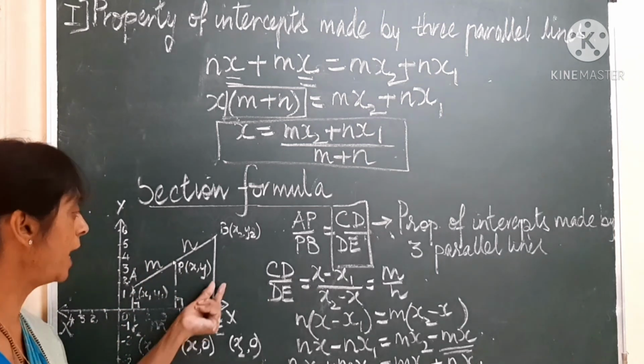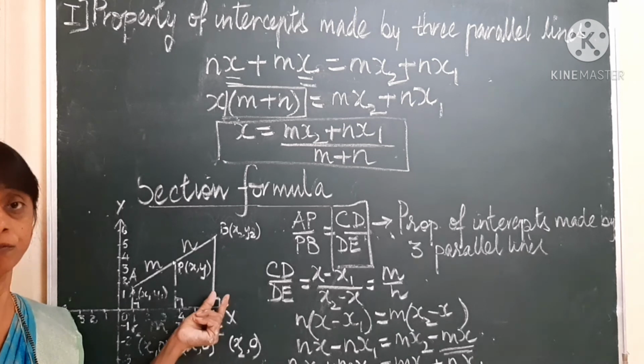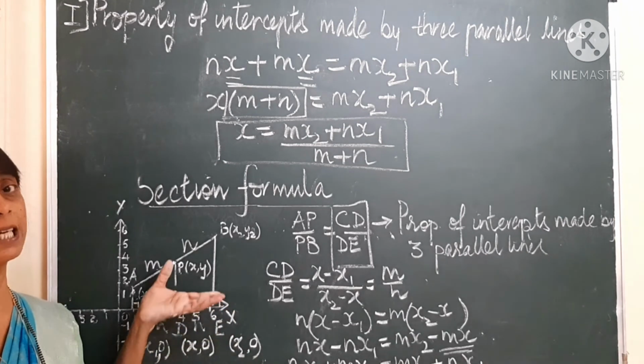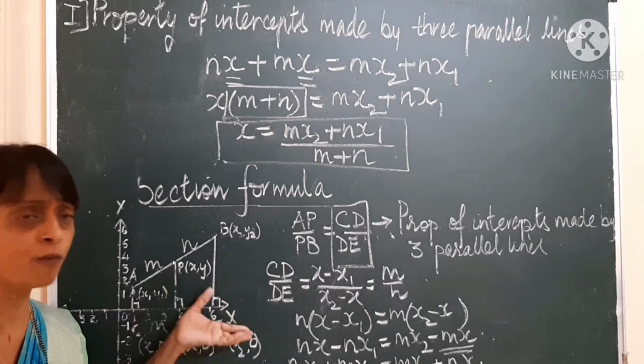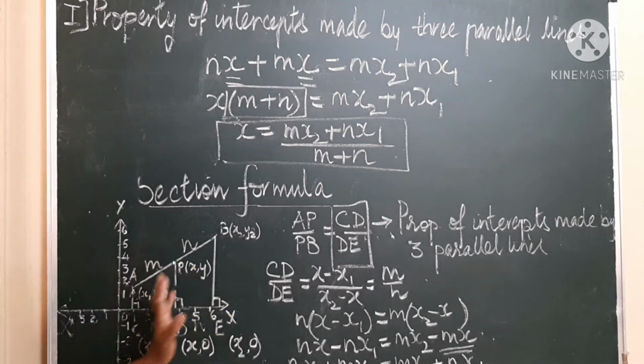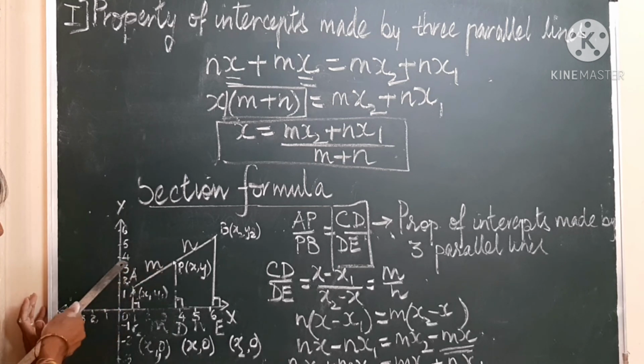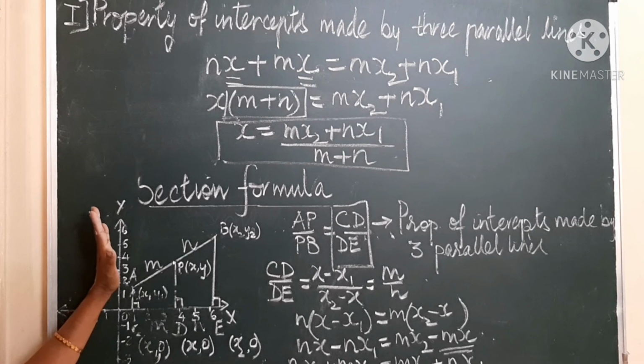Then what about the y coordinate? How do we get the answer for the y coordinate? The answer is easy, children. The same logic applies to calculate the value of y. For this, we drop perpendiculars from point A, from point P, from point B towards the y-axis.